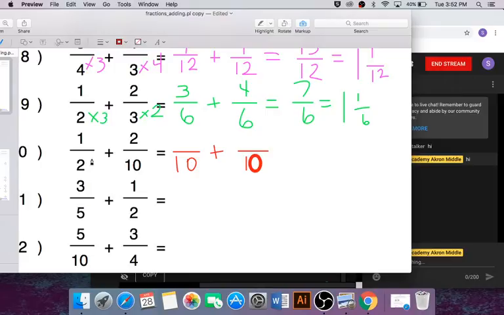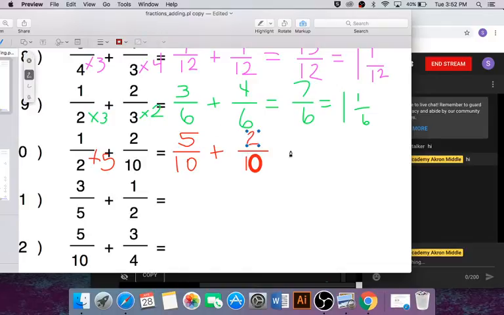Okay, 2 times 5 is 10. So we multiplied the bottom times 5, we have to multiply the top times 5. 1 times 5 is 5. Our second fraction is over 10, so it's going to stay the same.